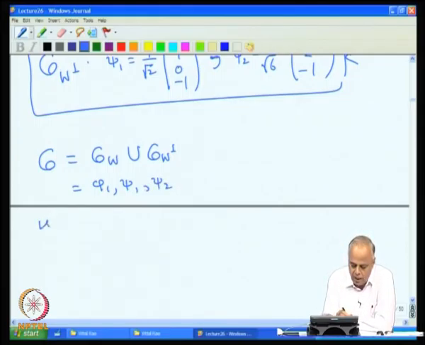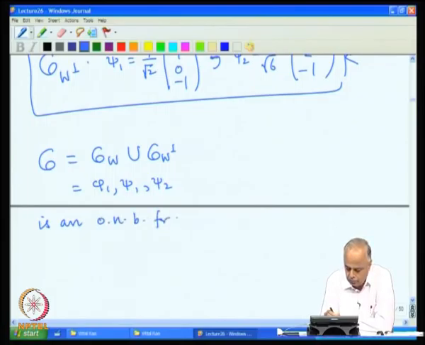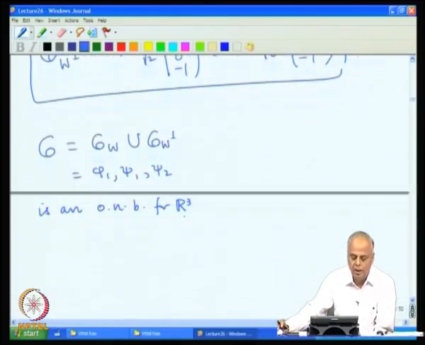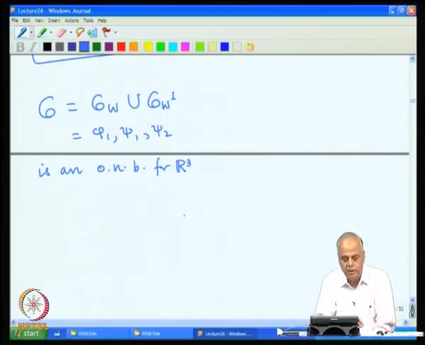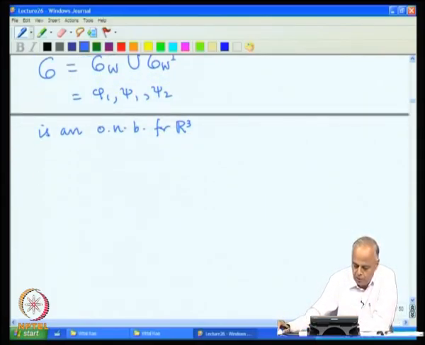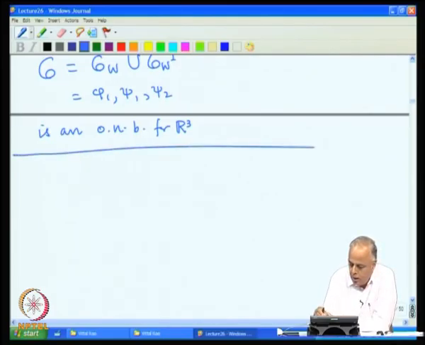This is an orthonormal basis for R^3. It is easy to check they are orthonormal, and there are 3 vectors, and therefore, they will form an orthonormal basis. Thus, we see that if you put together an orthonormal basis for W and an orthonormal basis for W perp, you always end up with an orthonormal basis for the whole space. Now, let us take any vector x.